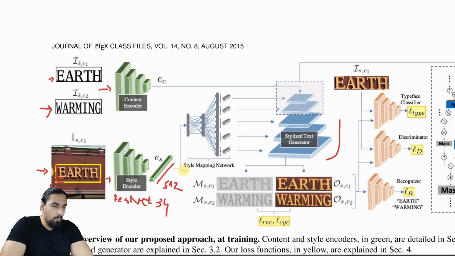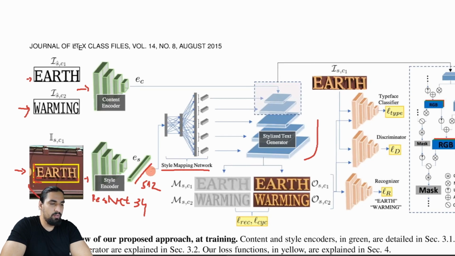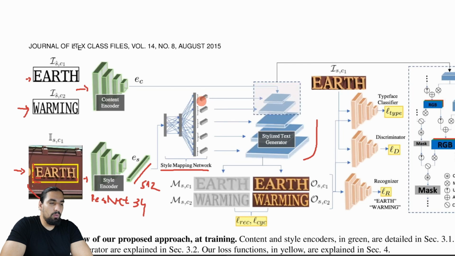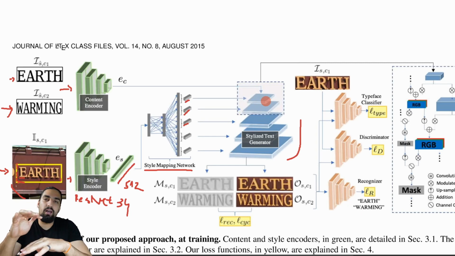This style mapping network does the following. It maps this style representation, this latent vector here, into multiple coefficients. And what these do, if you're familiar with either the original adaptive instance normalization paper or with StyleGAN, is they modify the feature maps, they modify certain statistics like the mean and standard deviation, so that they can build in the style they want.